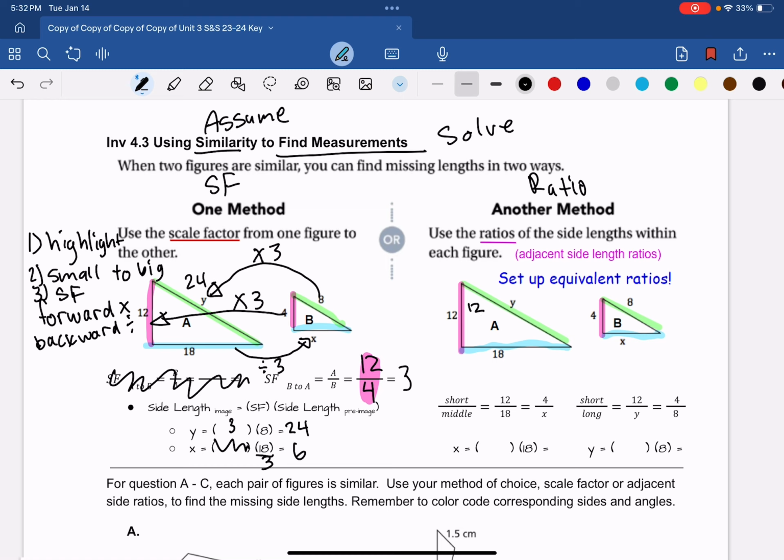So we have 12 over 18, right? I could have done 18 over 12, but let's just do 12 over 18. So that's pink over blue on my triangle A. So then on triangle B, I also need pink over blue, right? Which was 4 over x.